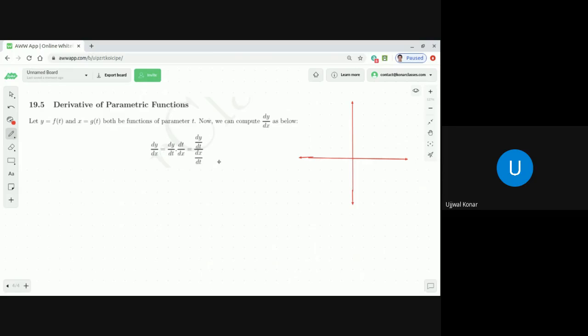Suppose this is the x-axis and y-axis. This is the positive direction of the y-axis. This is the negative direction of the x-axis. This is the negative direction of the y-axis. Now let's draw a curve called a parabola. Parabola is something like this.